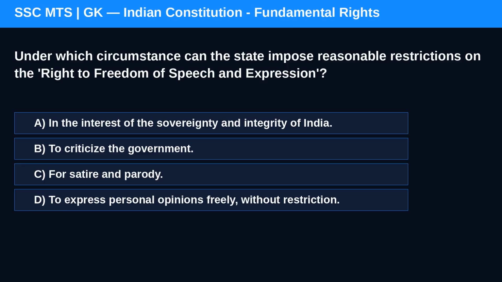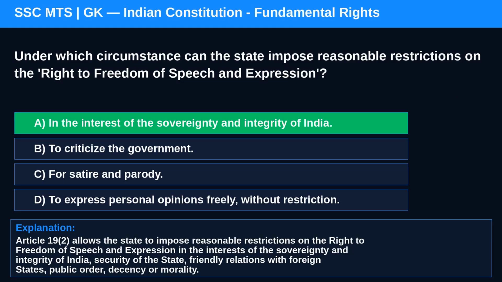Question 8. Under which circumstance can the state impose reasonable restrictions on the right to freedom of speech and expression? Option A, in the interest of the sovereignty and integrity of India. Option B, to criticize the government.